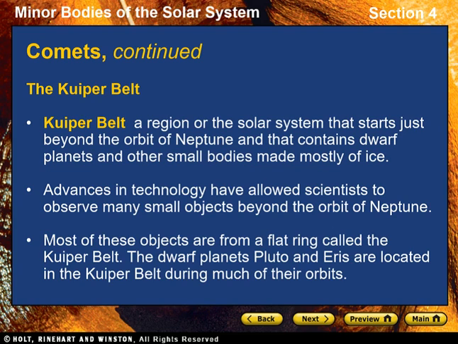The Kuiper Belt may contain thousands of Kuiper Belt objects that have diameters larger than 100 kilometers. Only 2 known objects are as large as half of the size of Pluto. Pluto is located in the Kuiper Belt during most of its orbit. Some astronomers do not consider Pluto to be a planet, and they consider Pluto and Charon to be 2 of many Kuiper Belt objects.